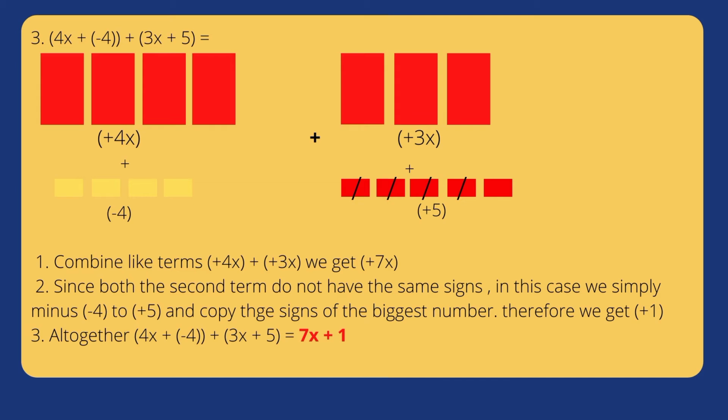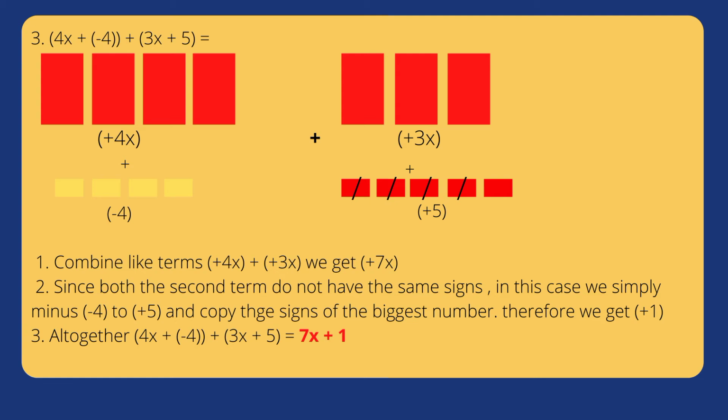We have 4x plus negative 4 plus 3x plus 5. To simply add the equation, we need first to combine like terms, which are the positive 4x plus positive 3x, and we get positive 7x.